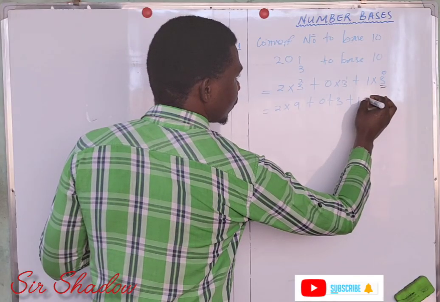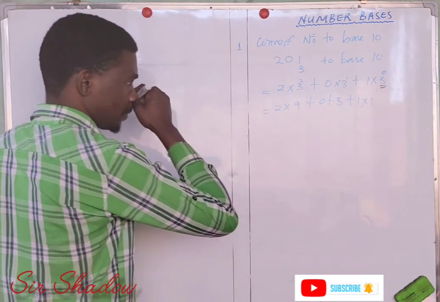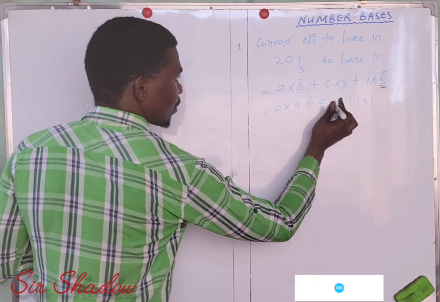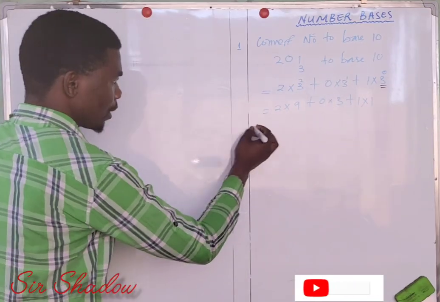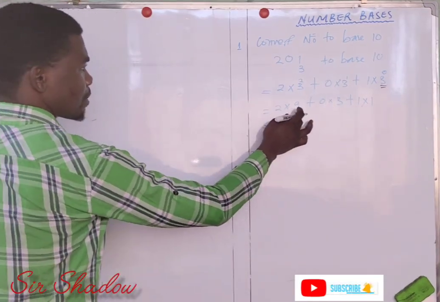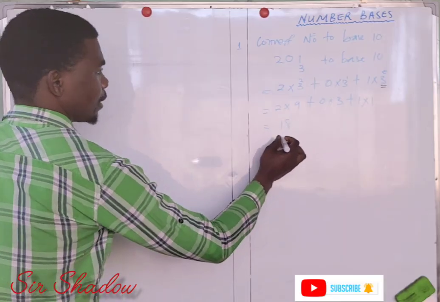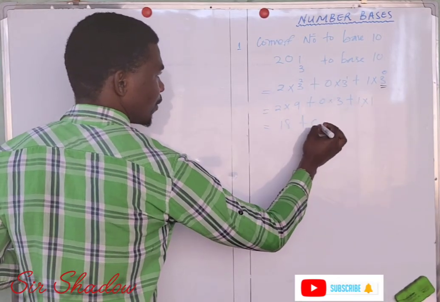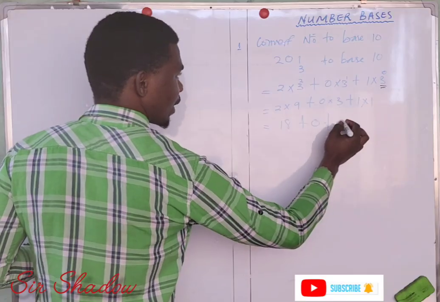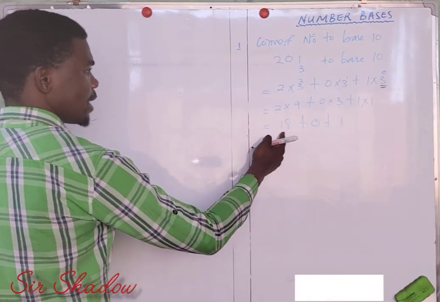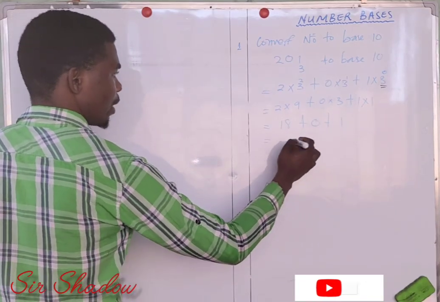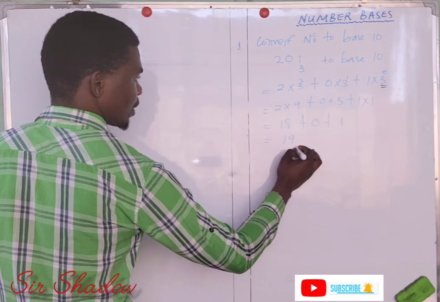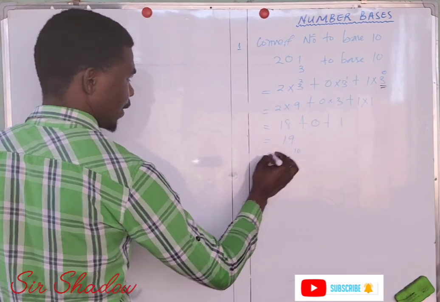This is equal to 2 times 9, we get 18, plus 0 times 3, we get 0, plus 1 times 1, we get 1. This gives us 18 plus 0 plus 1 which is 19, which is base 10, right?